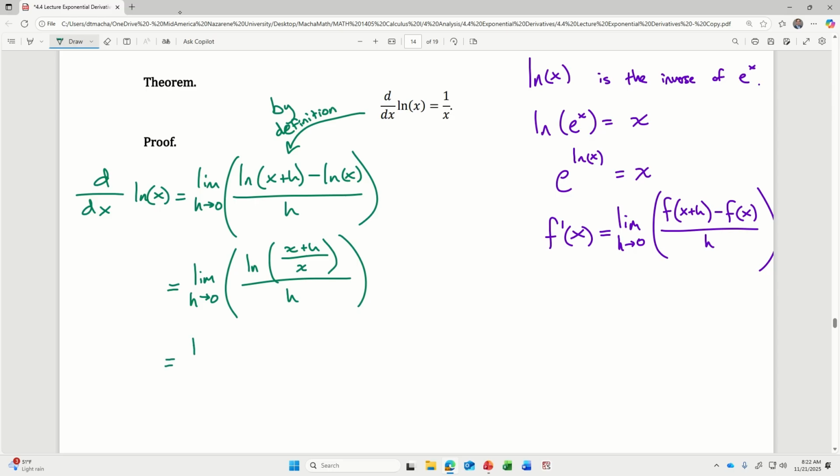Okay, so I'm going to rearrange this just a little bit, and hopefully everyone agrees with where I'm going, but see if you buy this. So instead of dividing by h, I can multiply by the reciprocal. And then where I have x plus h over x, I can do x divided by x is 1, and then add the plus h over x.